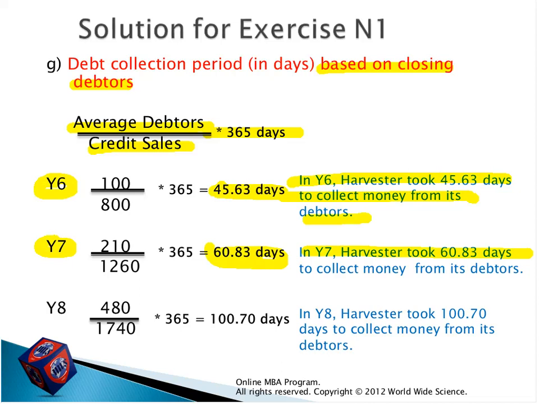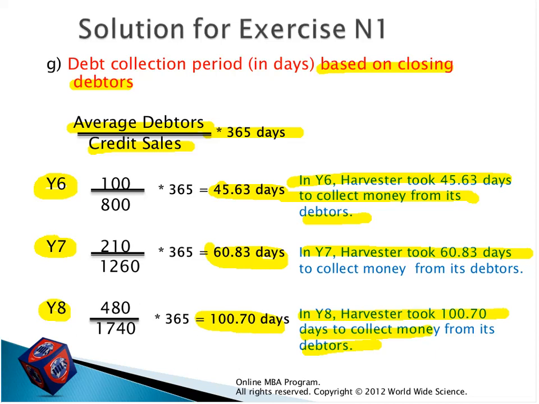And in the year 8 it is 100 days. So it's more than 3 months taken by the company to collect its own money from the debtors. You see, 3 months we couldn't collect our money. So can you see what has happened here?